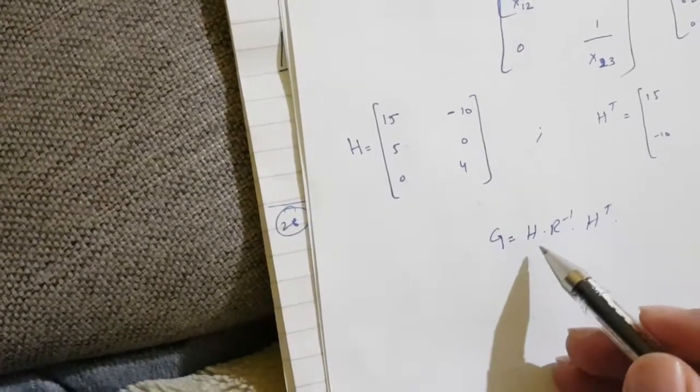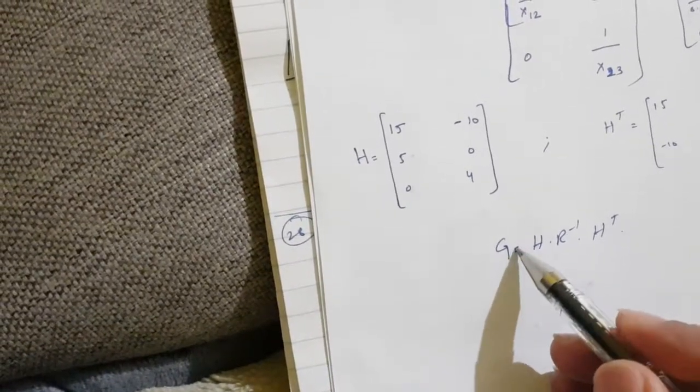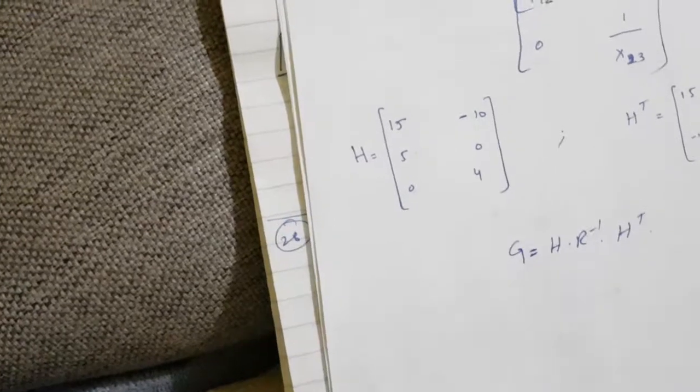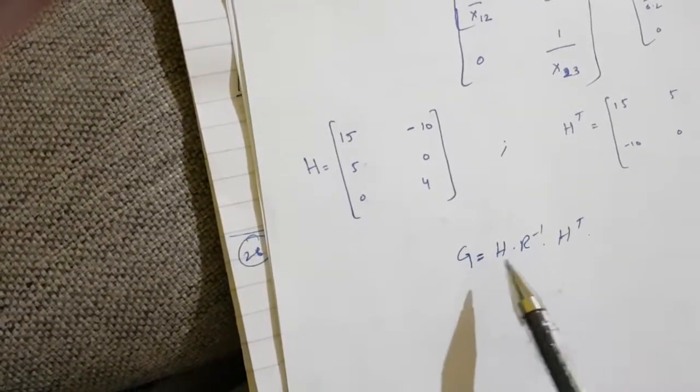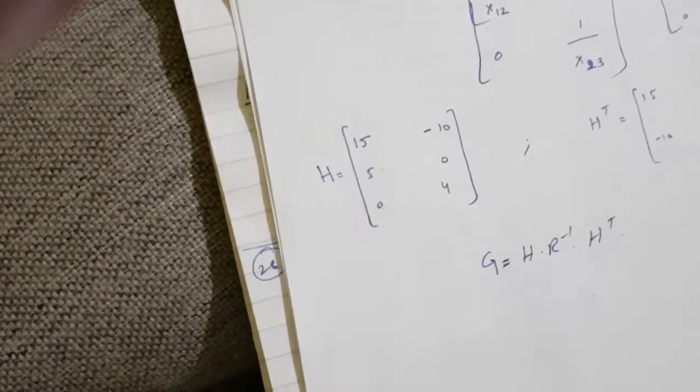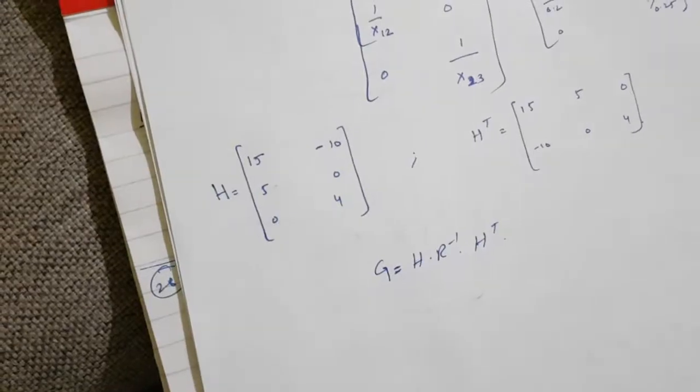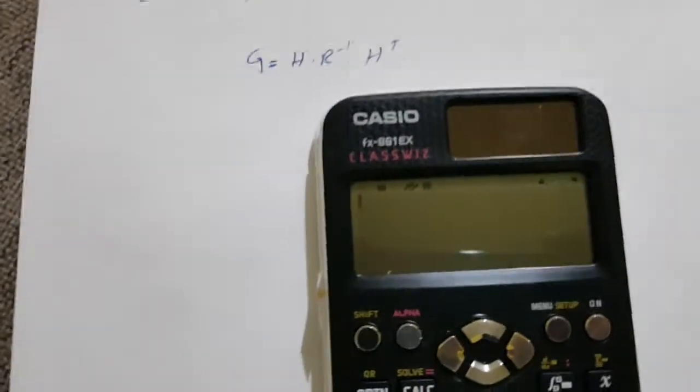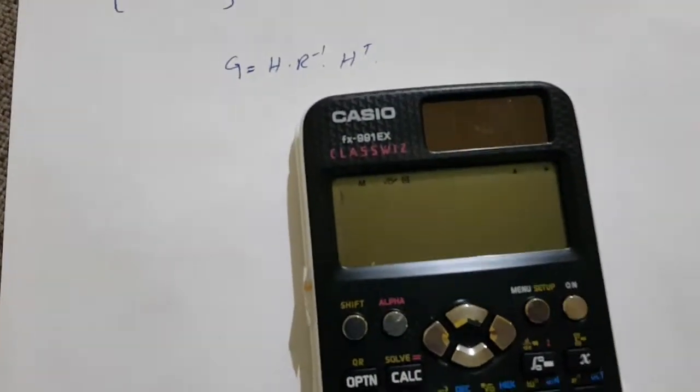I think I have to do it for you using the calculator, how to use this in the calculator. Okay, just wait for a second. Okay guys, I have taken this calculator. Now you have to find the matrices.